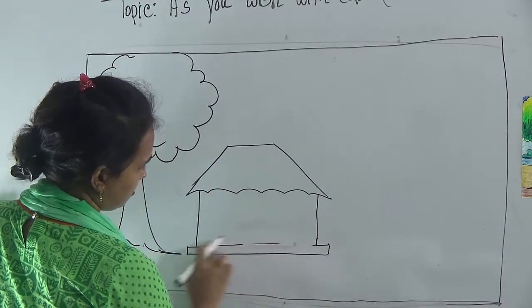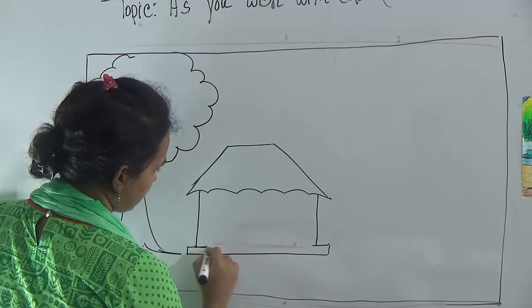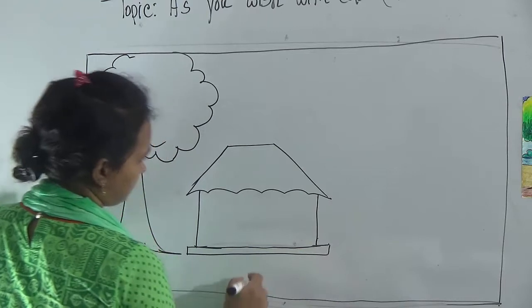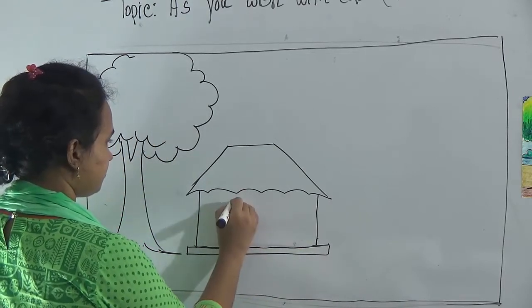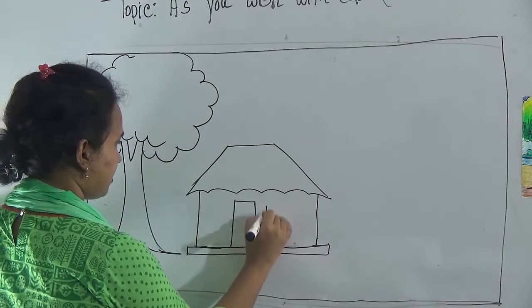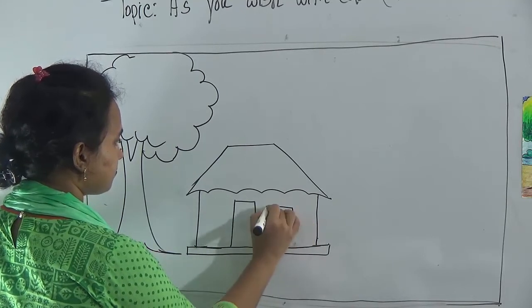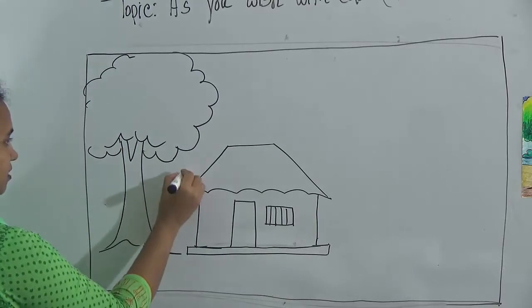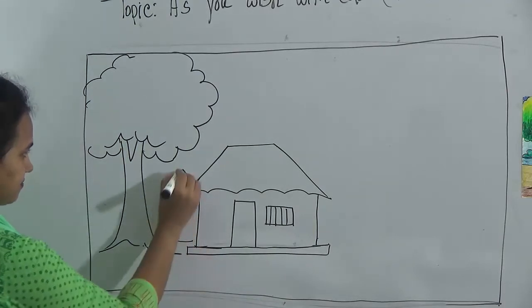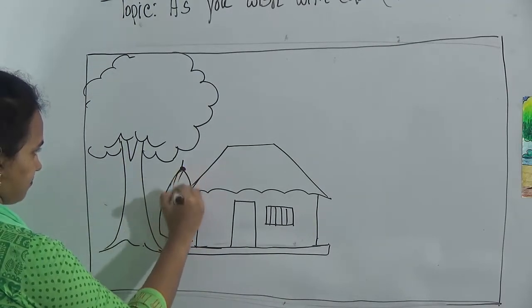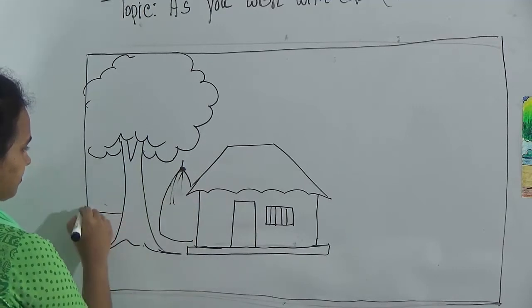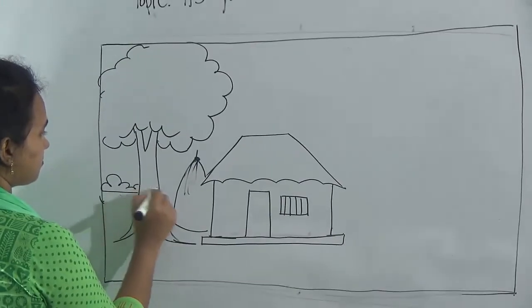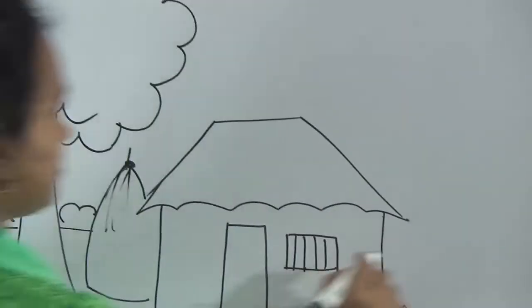You should give the straight line. Then give the door and the window. Give a haystack. Okay. Then after that you will draw the far village.